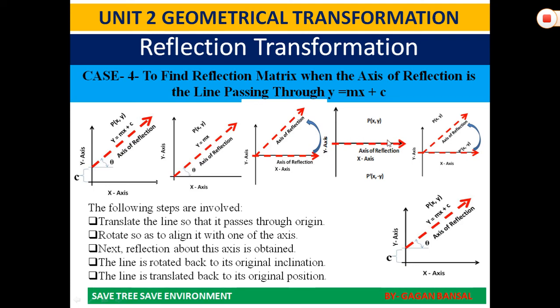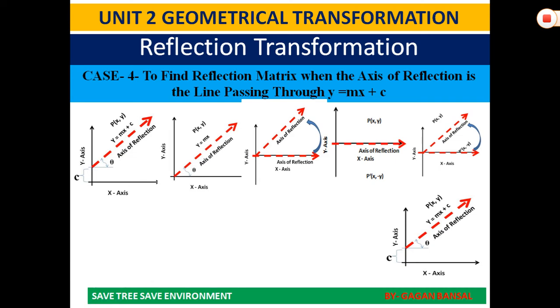Then we will perform the reflection transformation. Then we will again perform the rotation transformation in the anti-clockwise direction. Then we will translate it back to its original position. Hope you are very clear.